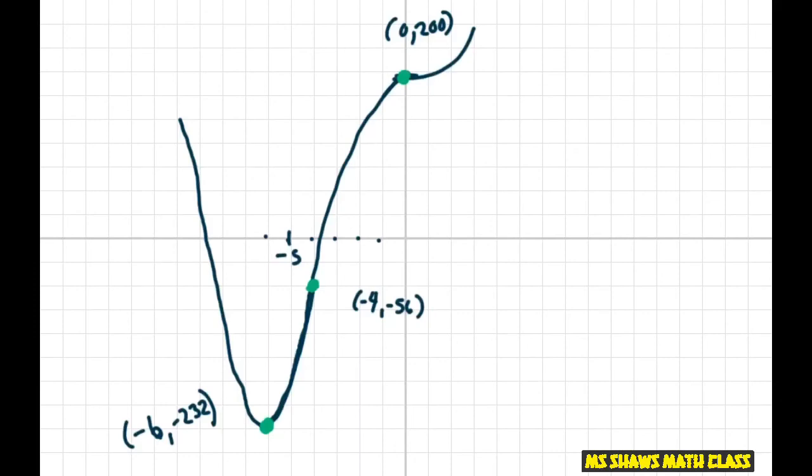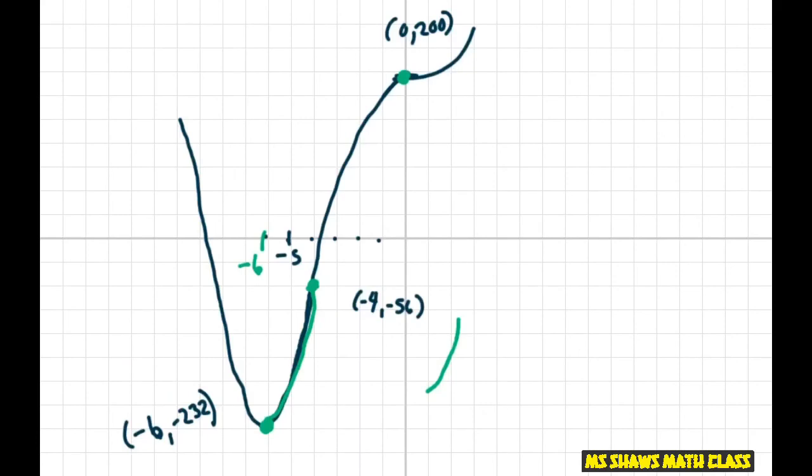So we started at negative 6 here. This is our negative 6. And this is going to be concave up. Remember, this was concave up from negative 6 to negative 4. So it has a little bit of an upward thing.